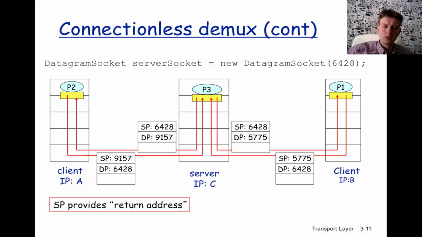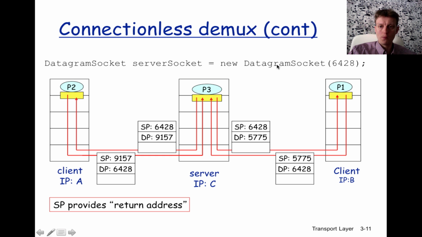This diagram shows the functionality of the demultiplexing process in the connectionless case, so in the case of user datagram protocol. The server machine with its stack shown here in the middle, when it wants to implement a UDP based application, it opens a socket for incoming data in this way, shown here.